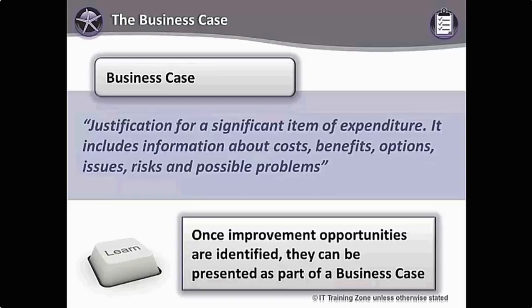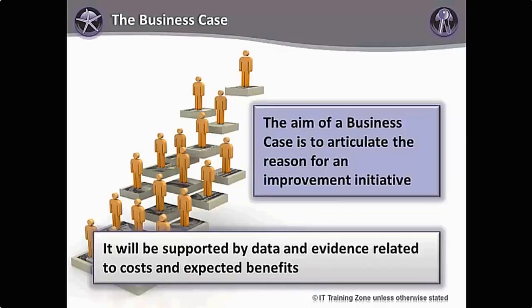It includes information about costs, benefits, options, issues, risks, and possible problems. The aim of a business case is to articulate the reason for undertaking a service or process improvement initiative. It will be supported by data and evidence relating to the costs and expected benefits of undertaking process improvement.